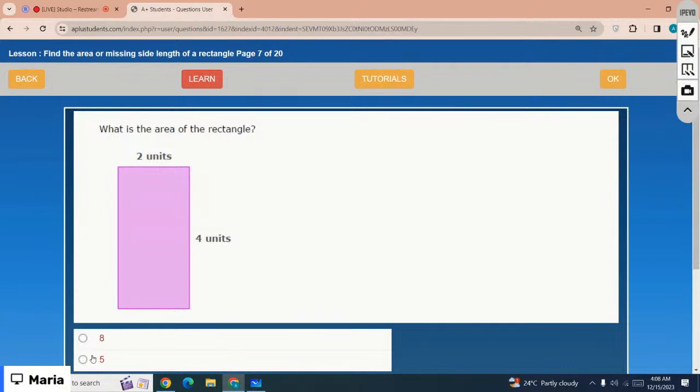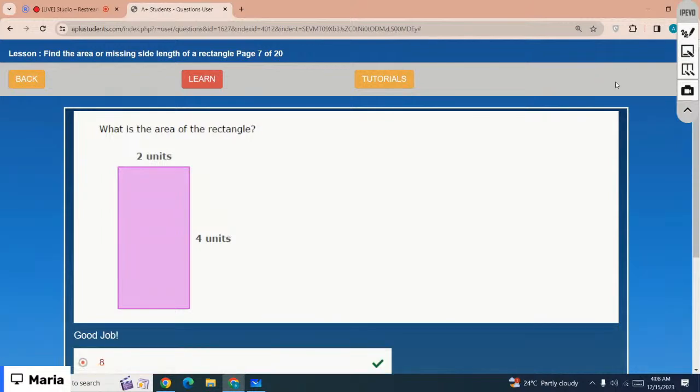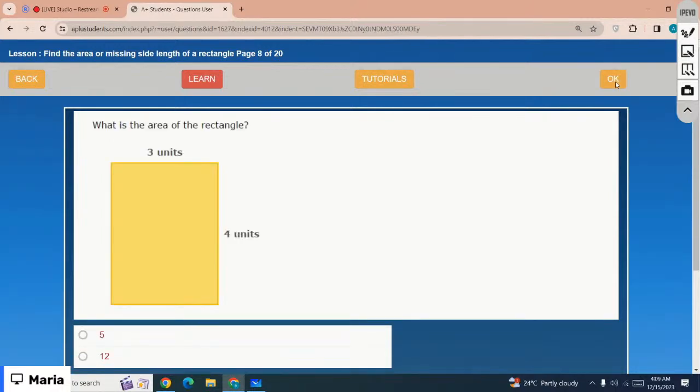Very good. What is the area of the rectangle? Which is the correct option? Yes, that is 3 times 4.